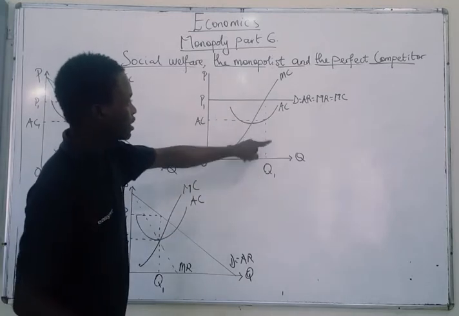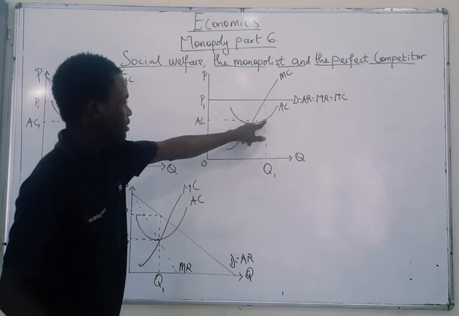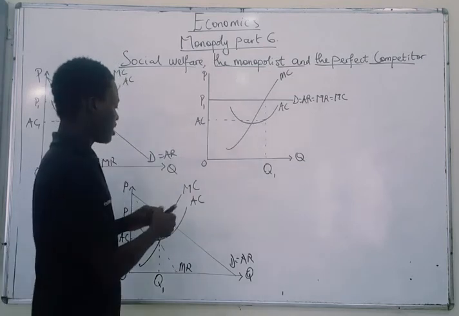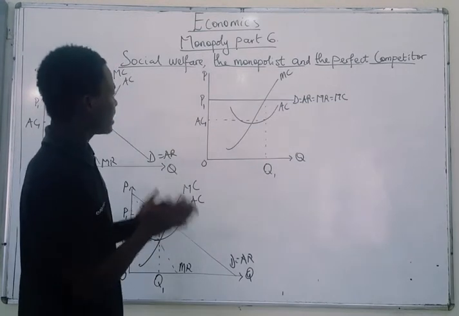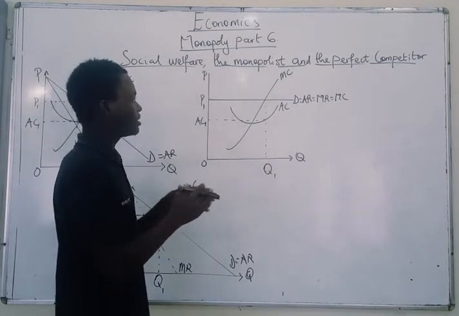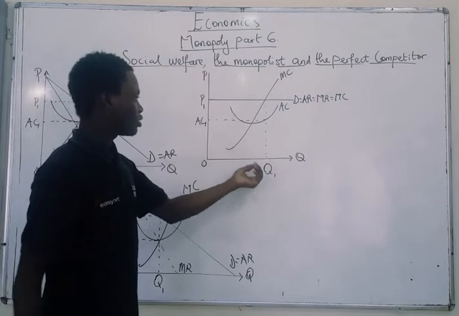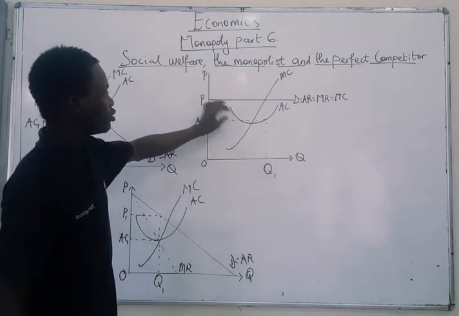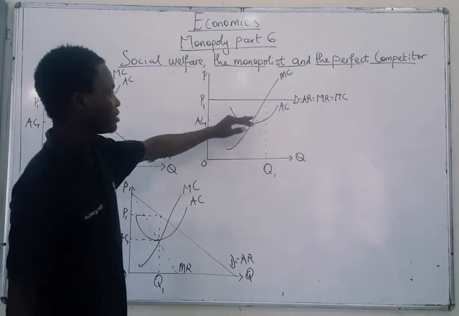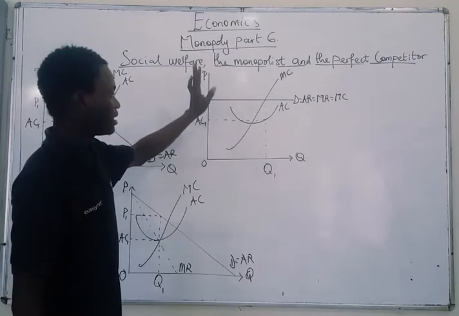But then there's an intersection on the AC curve, which is at this point. So we trace this out, and we have average cost 1. So that means at this particular price, this producer is going to produce this quantity, and at this average cost, this rectangle represents the profit. I didn't bother to shade it.